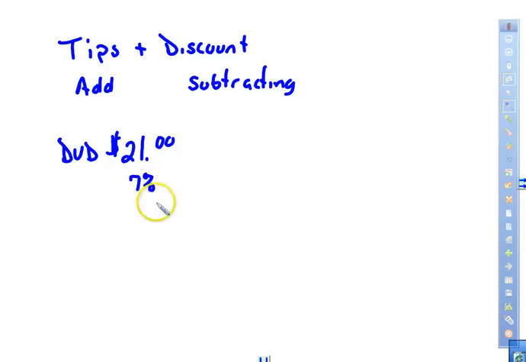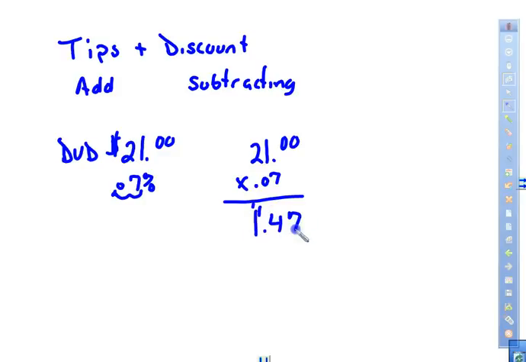So if we do that, we're simply going to take $21 and multiply it by, well, we can't multiply by a percent. So again, remember, we have to make that a decimal, which is by simply moving the decimal 2 places to the left. And so you take your calculator and you can simply say 21 times 0.07, which gives me $1.47.